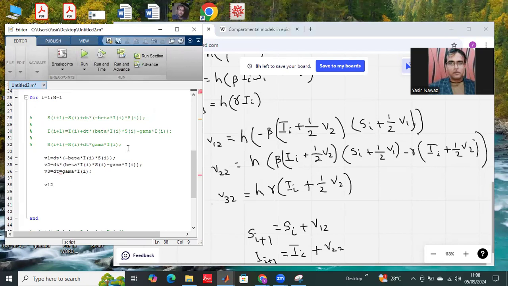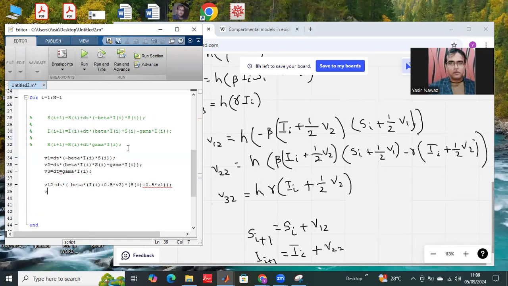V12 is equal to dt multiplied by minus beta, minus beta I at i plus 0.5 V2, multiplied by S at i plus 0.5 V1.